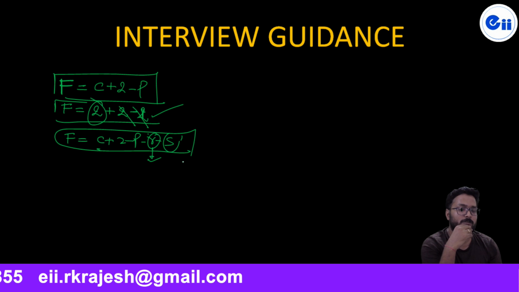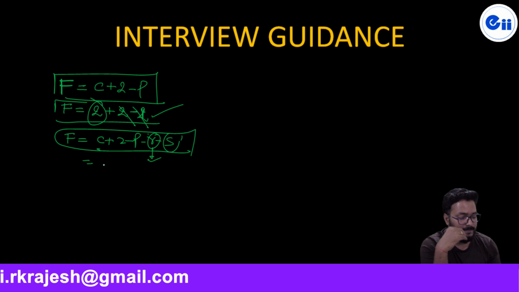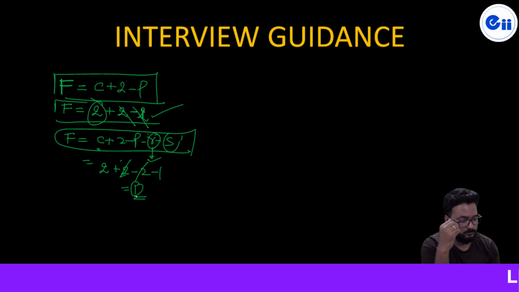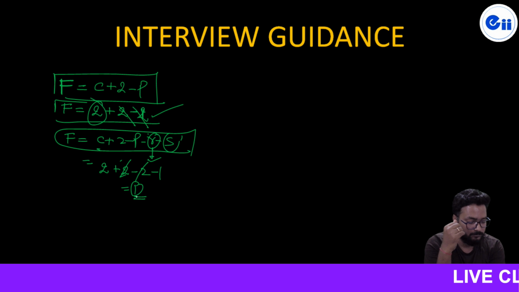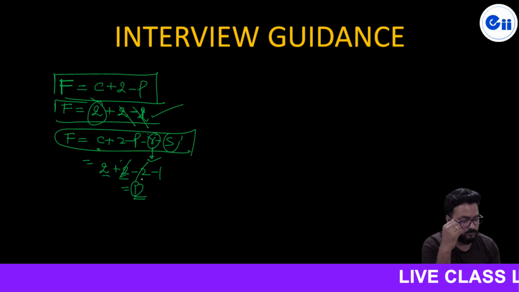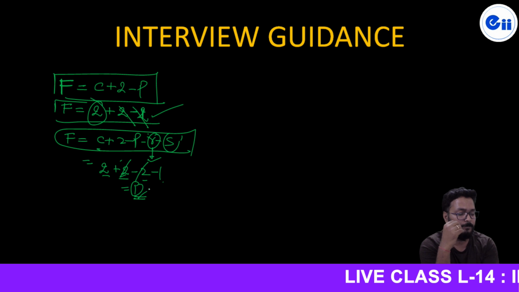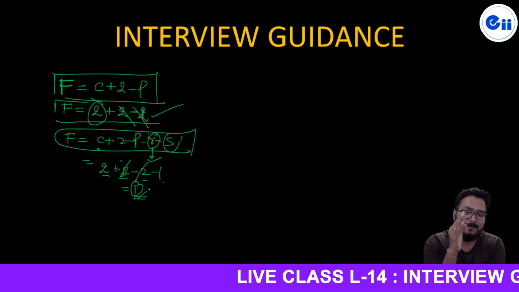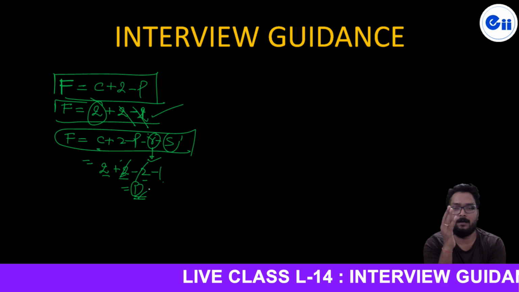Since no reaction is going to take place and we are dealing with a binary mixture, then C is 2, phases is 2 minus 1, and it is 1. So F is 2 plus 2 minus P minus S, 1.